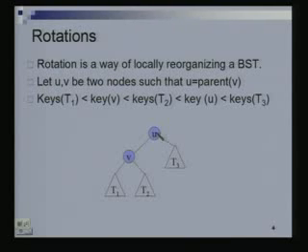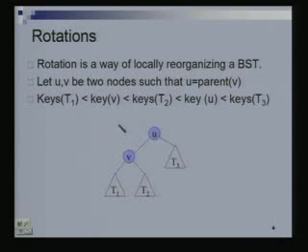U is one node, V is its child, and these are some subtrees. This is the subtree rooted at the right child of U, this is the subtree rooted at the right child of V, this is the subtree rooted at the left child of V. This could be a null tree, no node, or it could be a huge tree, I don't care.